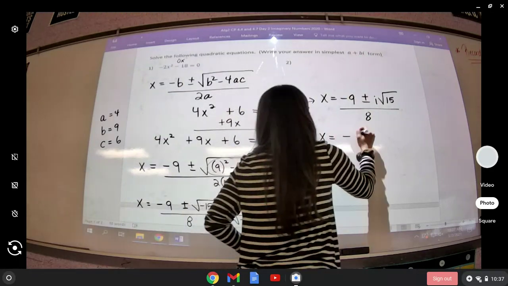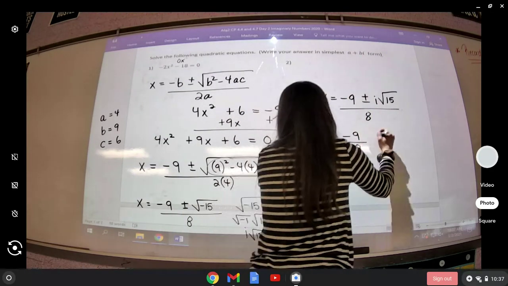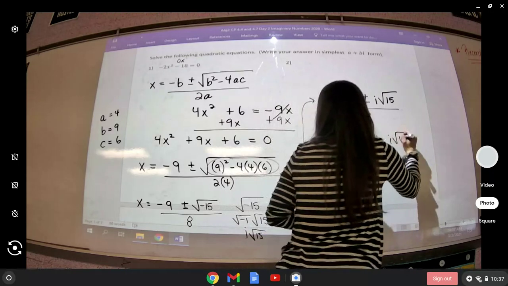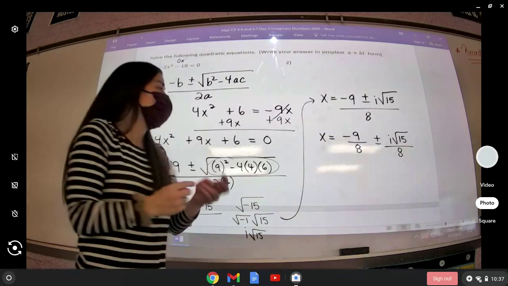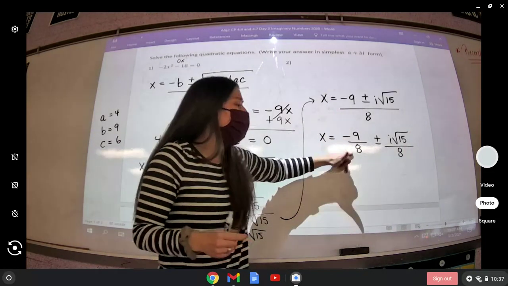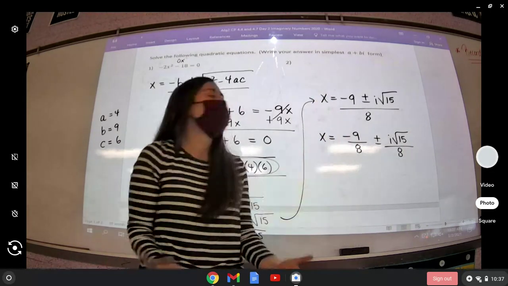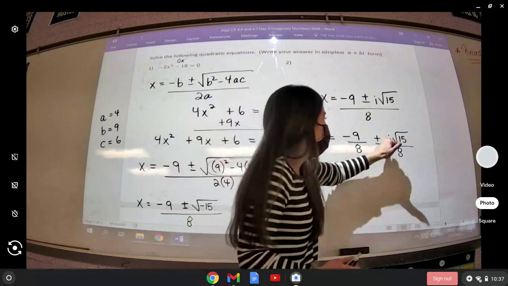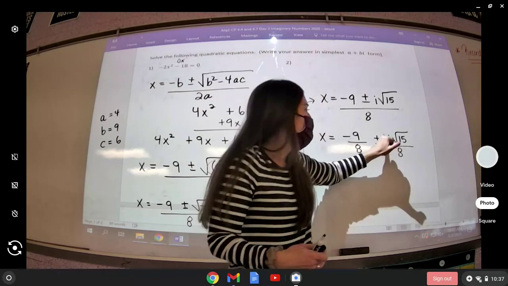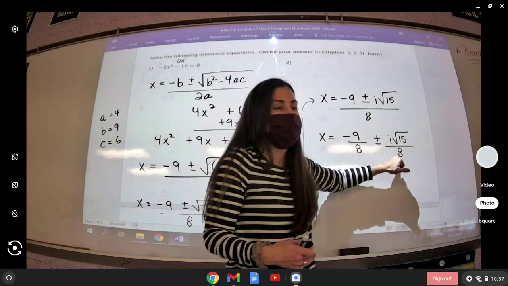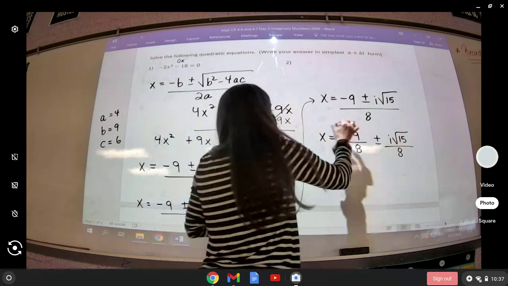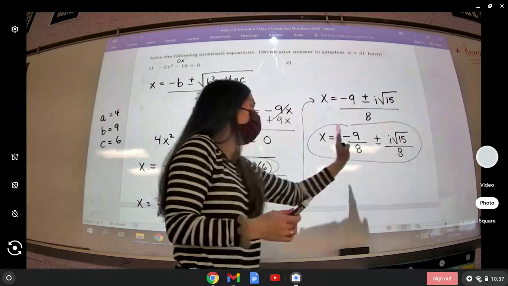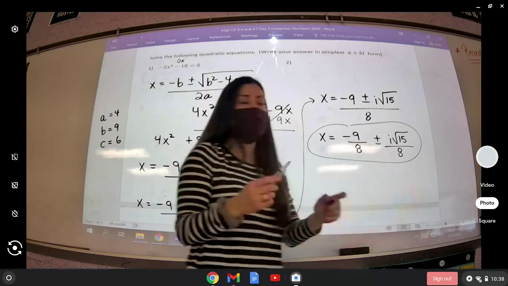So x equals negative 9 over 8 plus or minus i times the square root of 15 over 8. Does negative 9 reduce with 8? No. And there's a 1 in front of this i that's assumed to be there. 1 doesn't reduce with 8. So that is a simplified fraction as well, and this is your final answer. I have my a plus bi form.